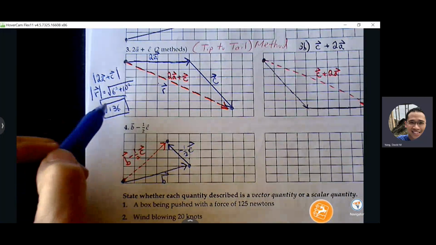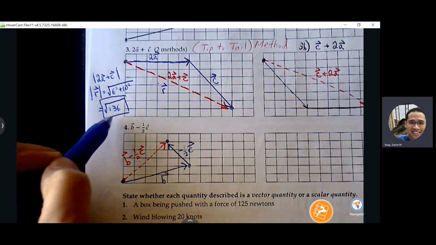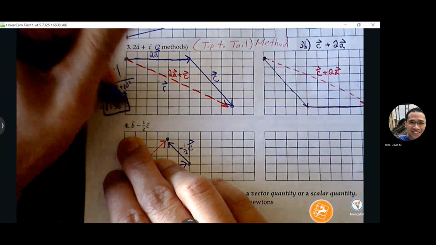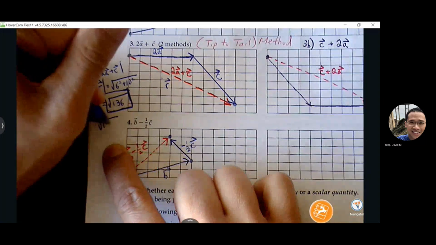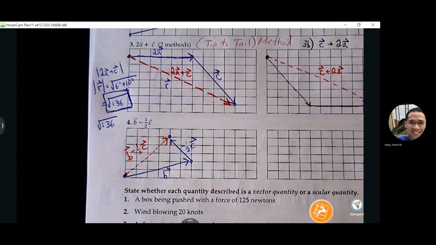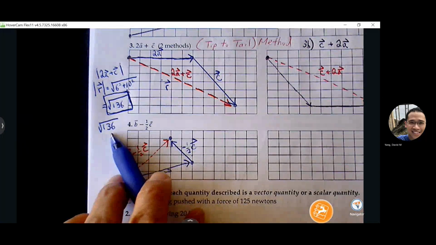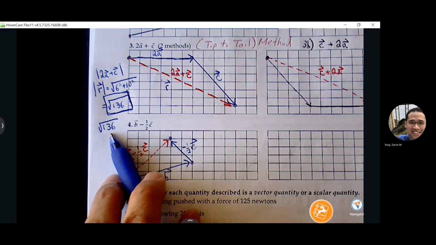You don't have to simplify, and you don't have to give an approximate decimal value. I prefer exact value. So keep it in square root form, and if you can't reduce it, just leave it in that form.